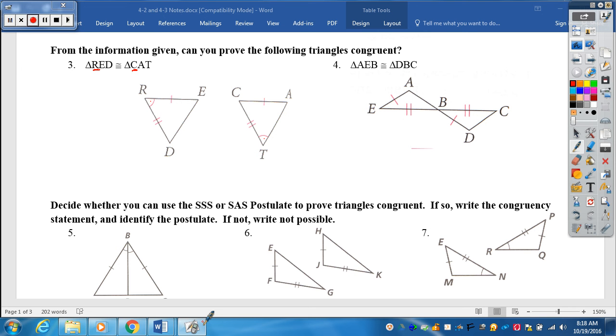The second thing is this: they have to be marked in a corresponding manner. And so if I go from 2 to 1 to 1, meaning two congruency marks with an angle, one congruency mark with a side, then I have to go from 2 to 1 to 1. So this would not be possible because corresponding angles are not congruent.